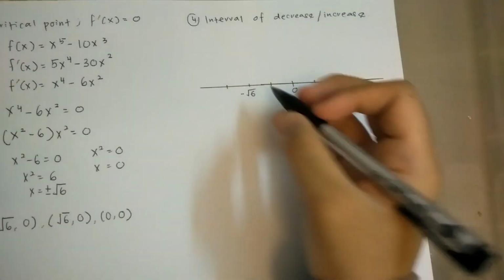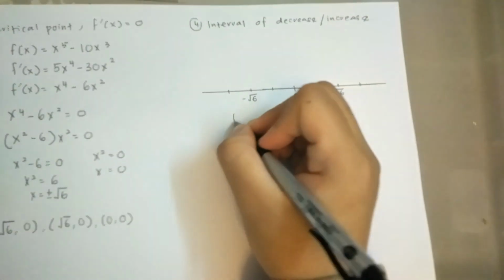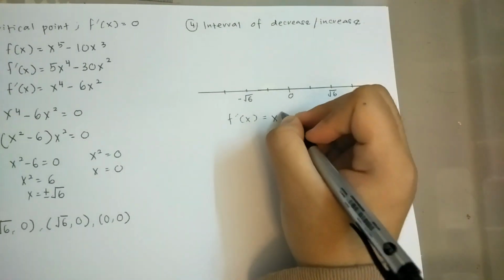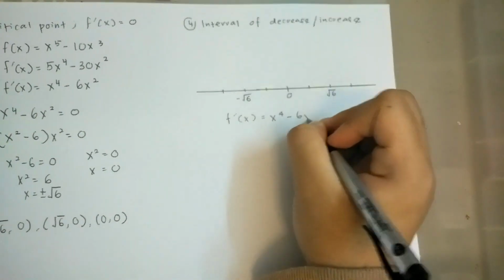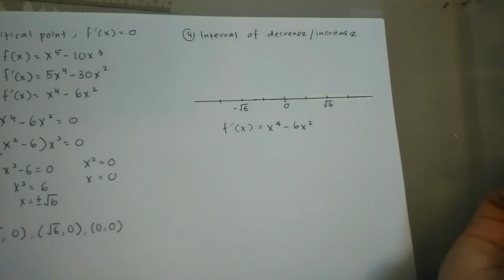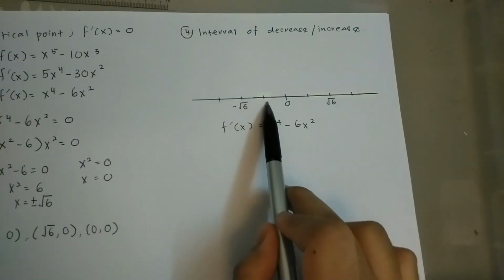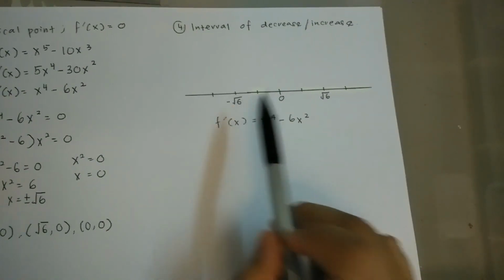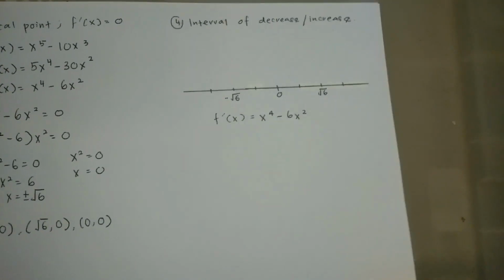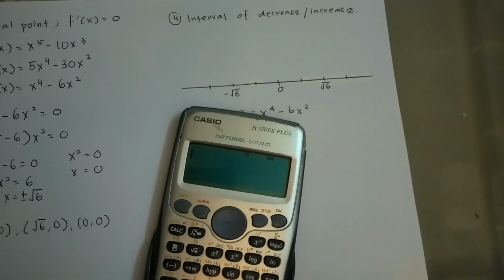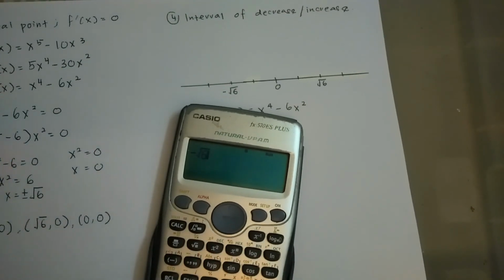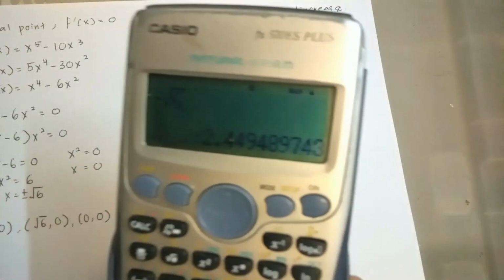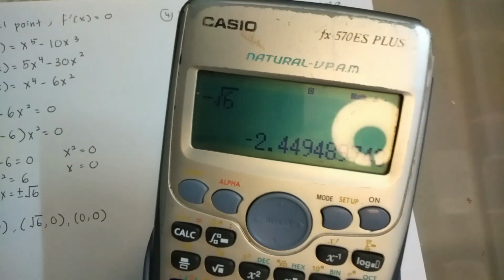So then we will use f prime x equal to x to the power of 4 minus 6x squared to find the interval between these. So negative root 6 is between, let me check the calculator, negative root 6 and root 6, we got 2.449.